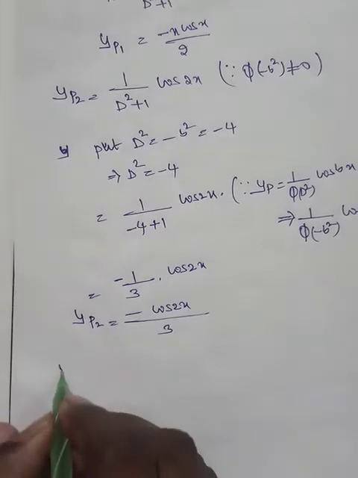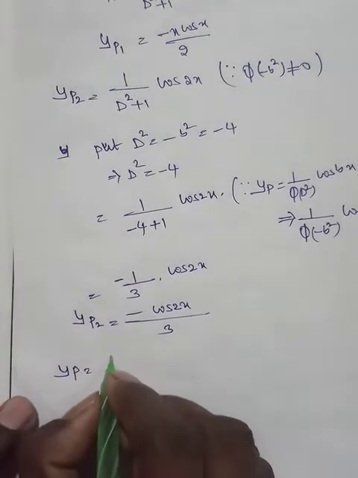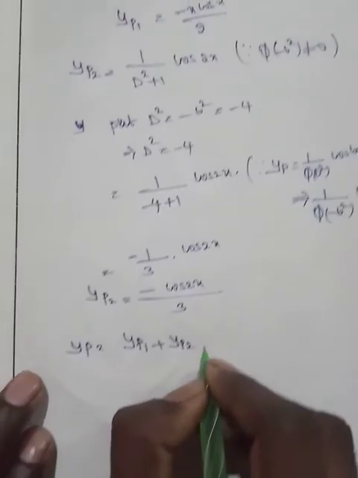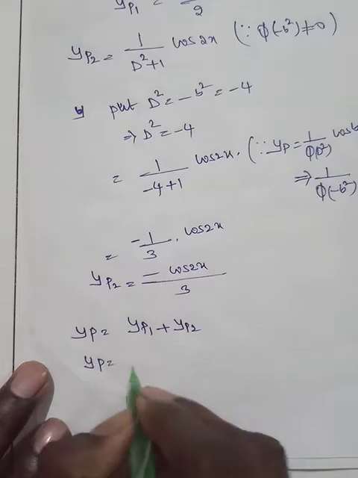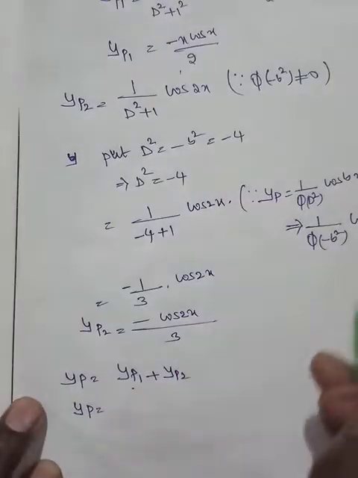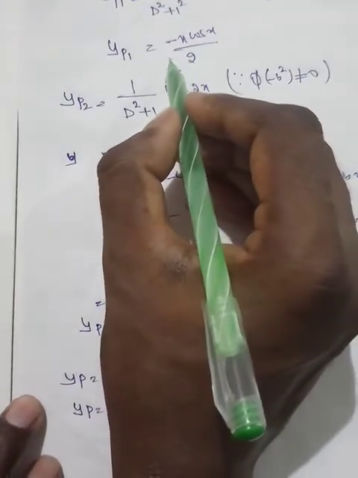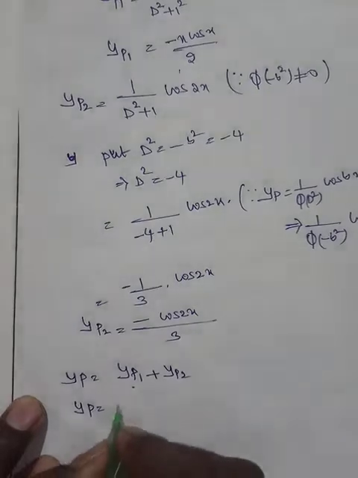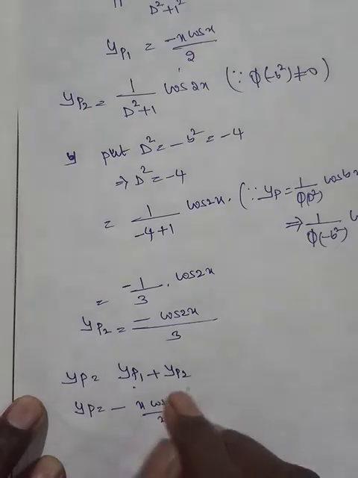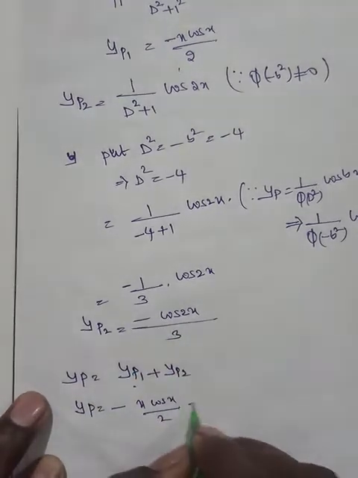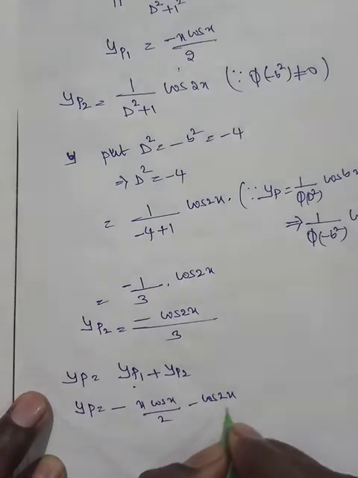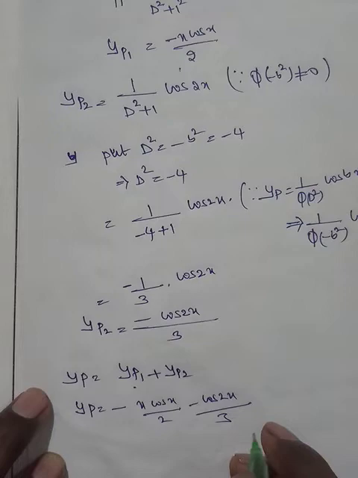Finally I need to get yp. So our yp equals yp1 plus yp2. yp1 equals minus of x cos x by 2, right? yp2 equals minus cos 2x by 3, right?